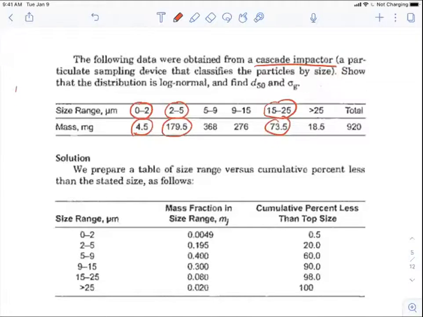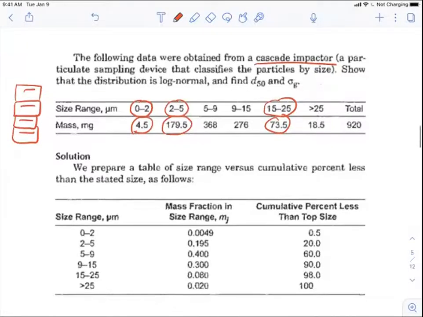So basically, we're using this cascade impactor to measure the mass that's collected onto different stages according to their cut sizes. And what it wants us to do is confirm this size distribution is log normal and find what is D50 and sigma G. D50 here is just the geometric mean size, and sigma G is the geometric standard deviation.